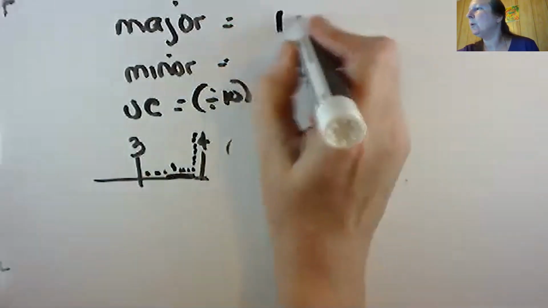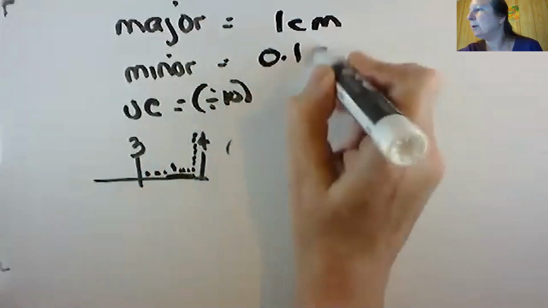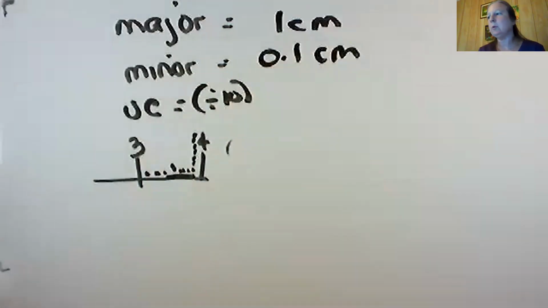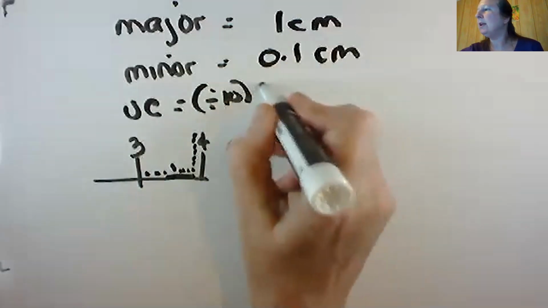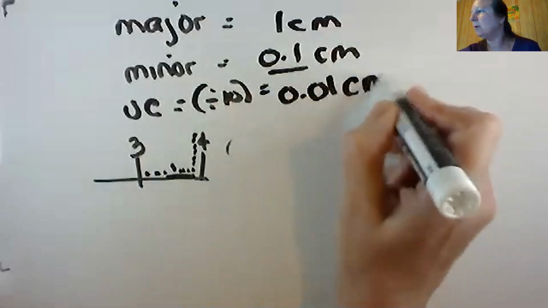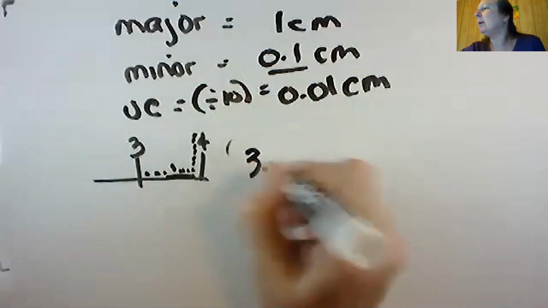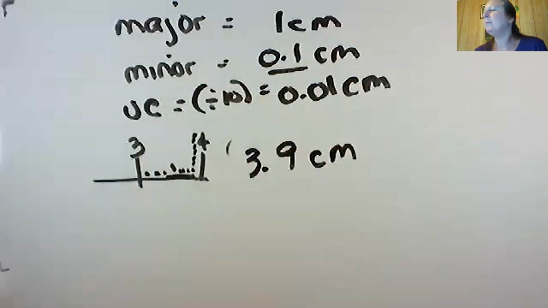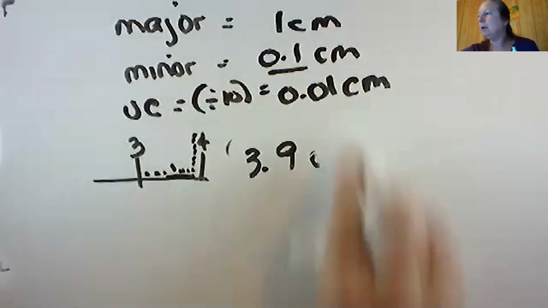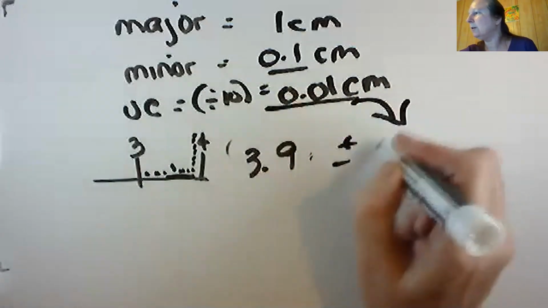So my major is still 1 centimeter. My minor, however, is now 0.1 centimeters. That's the little line that's in that ruler. So my uncertainty is 1/10 of this. Just do that first. Okay, always do these 3 steps first. Very first, now go back and do your measurement. So I looked at it and I said, oh, that looks like 3.9 centimeters. That cannot be my measurement, right? Do you see? Because once I put my uncertainty in here, I'm just going to drag this down here.